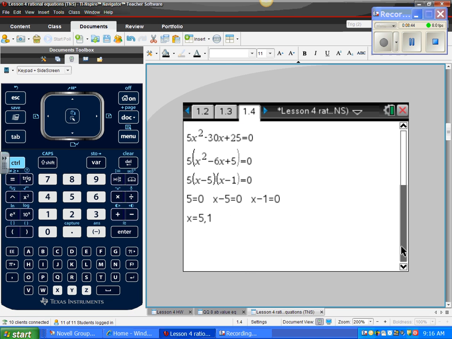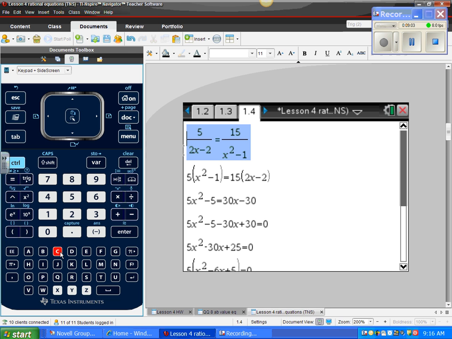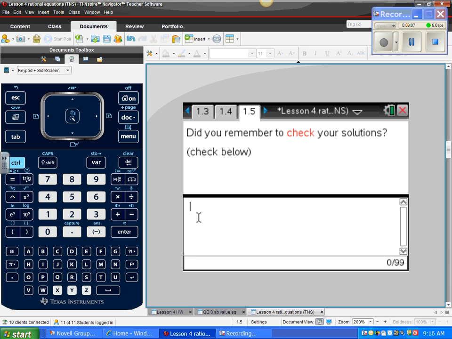So we're going to check 5 and 1. How do you do it? Okay, so if your cursor's here, you're going to hold down Shift and press the back key until it's all highlighted. Control C. And then go to the next page. Yeah, and I put a calculator page right down there for you.